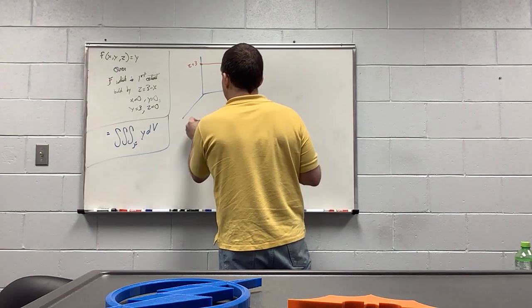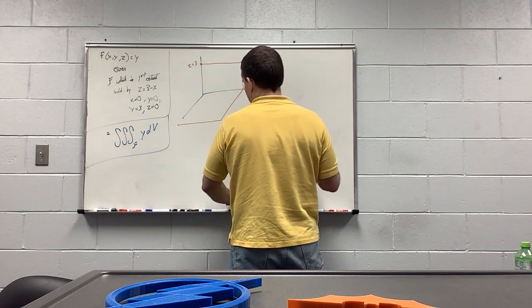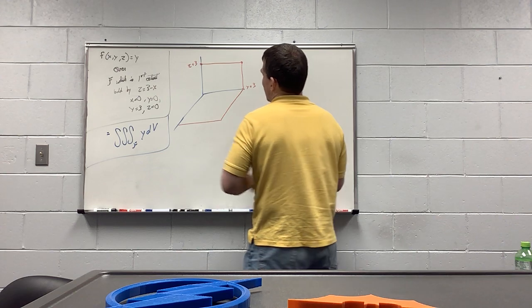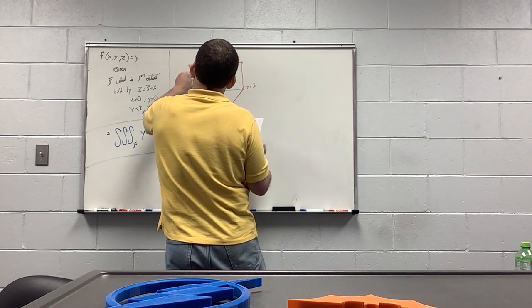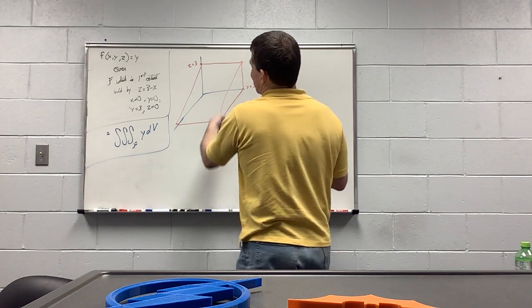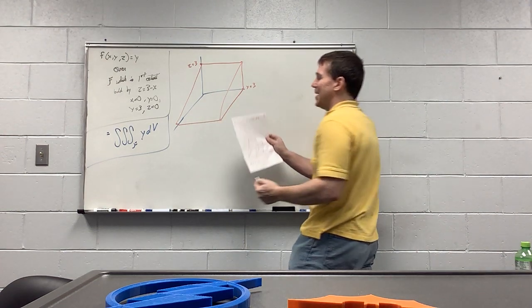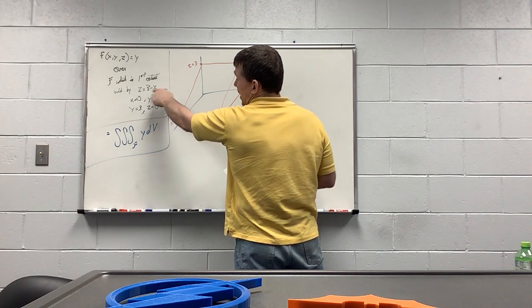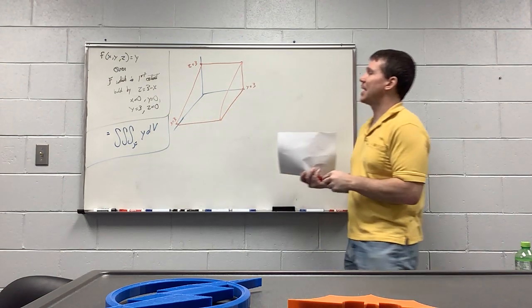Until right here. Which, up to my ability to draw, almost hit it. Pretend that's straight, even though I made it curvy, so it would hit. That's obviously x equals 3, because when x equals 3, z is equal to 0, that's when I hit the floor.